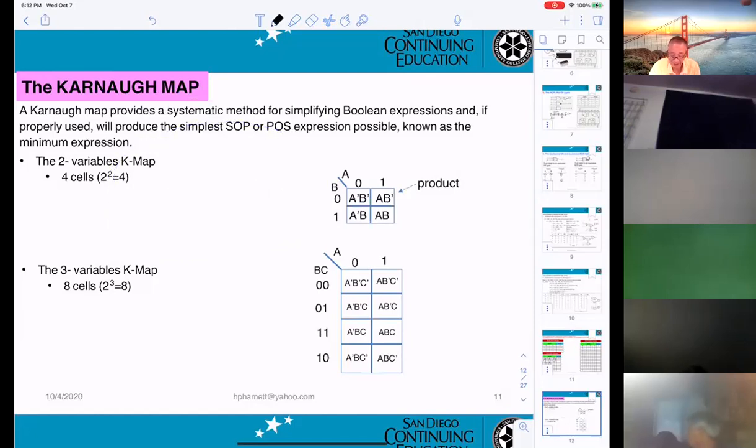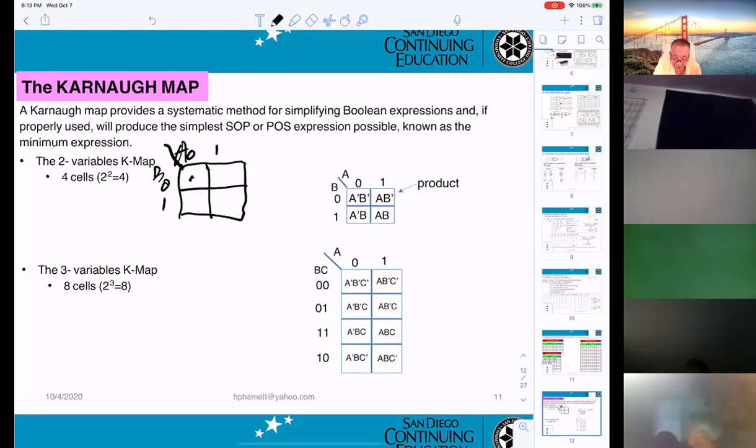Now, the two variable K-map, then you can draw, okay? You know 2 power 2 equals 4 cells. That will be 4: 1, 2, 3, 4. And now you can put A here, B here, 0, 1, 0, 1. So in each cell, what is the product?